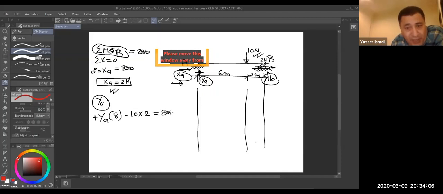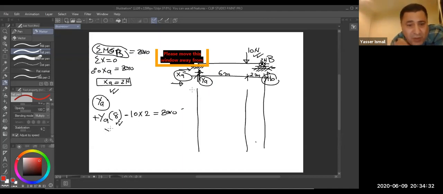If I take the moment at this point, which is B, then YA multiplied by 6 plus 2, which is 8, plus here is YA positive. I will tell you how to define plus and minus. And I have minus 10 multiplied by 2 equals 0.